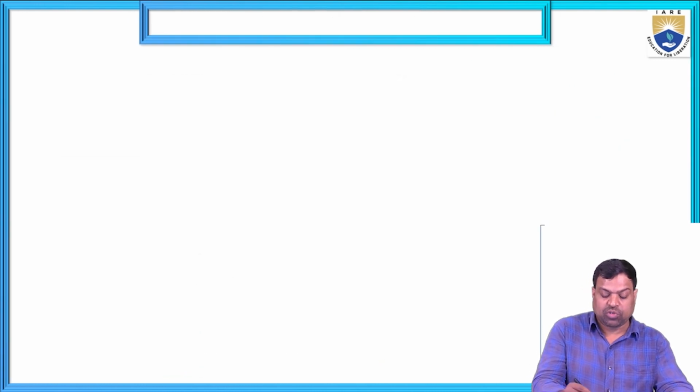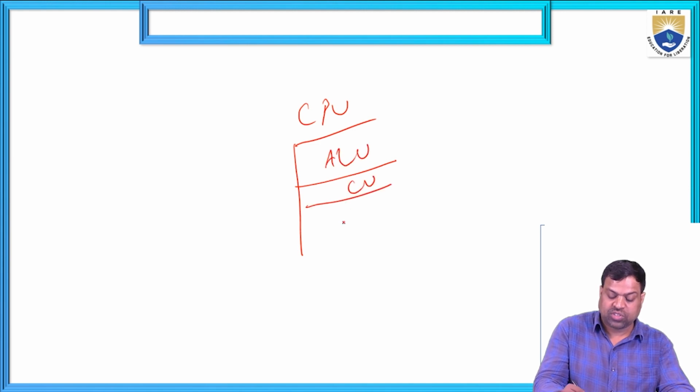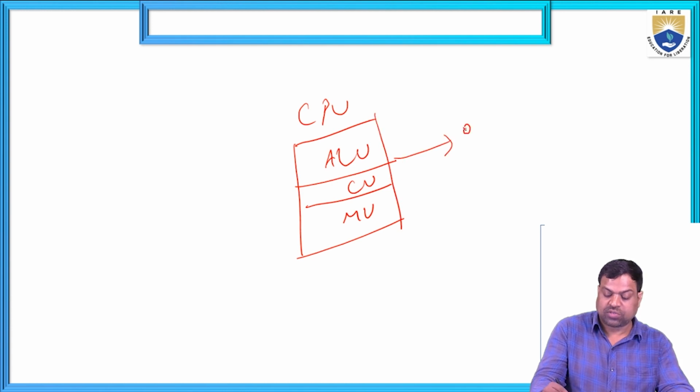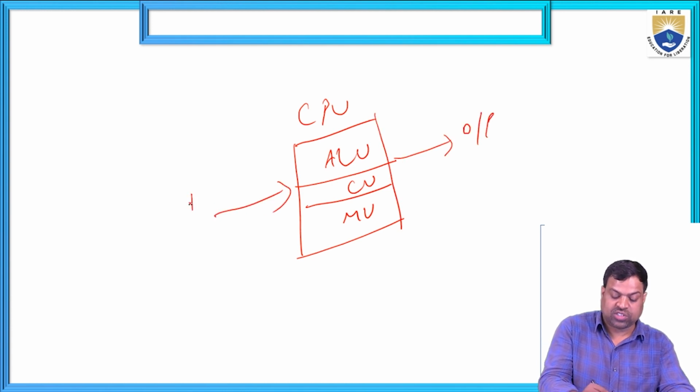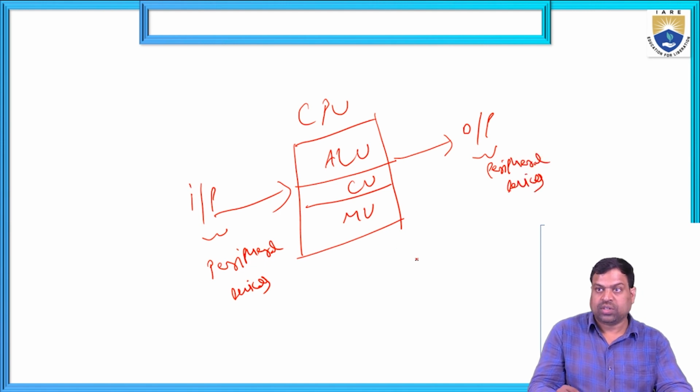Now going to the CPU, in that CPU, the ALU, CU and memory unit are there. I am connecting inputs and outputs to this.